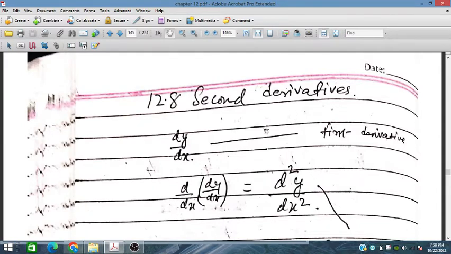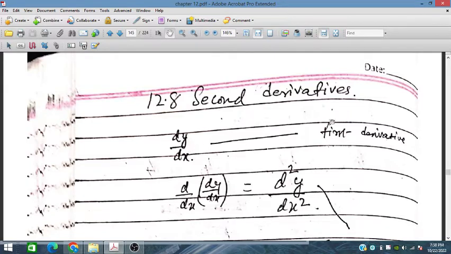Bismillahirrahmanirrahim. In this session, we will discuss second order derivatives for the additional mathematics course for IGCSE and O level.